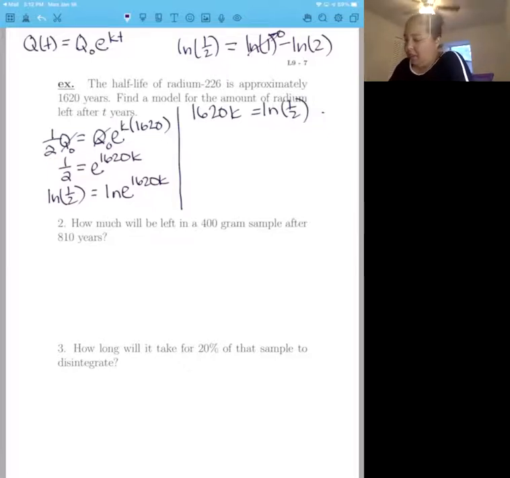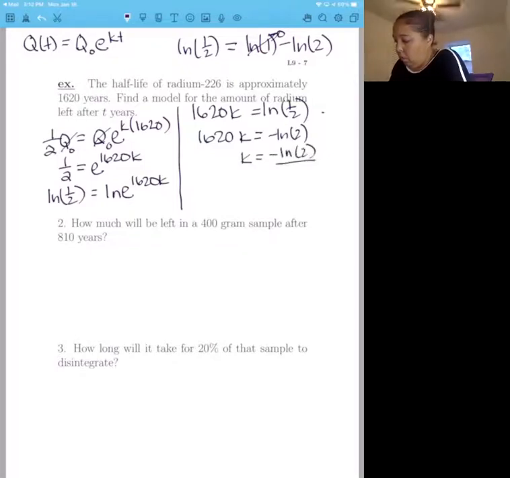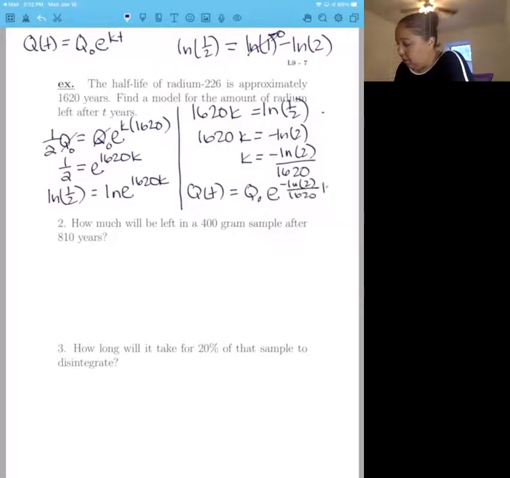For right now, I'm going to write it as negative natural log of 2 so we keep in mind that I'm going to get a negative k, because this is a decay. k is negative natural log of 2 over 1,620. So my model, without Q naught because they did not give me enough information to find it, is Q naught e to the negative natural log of 2 over 1,620 times t.